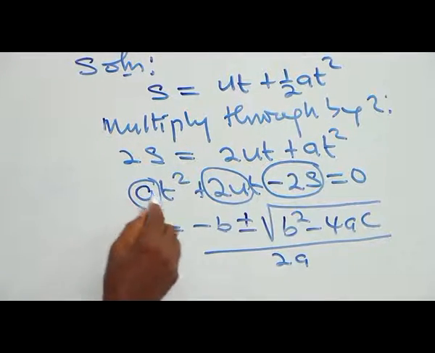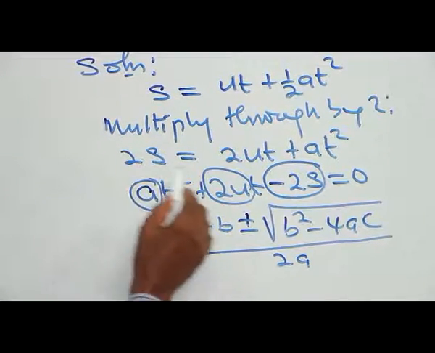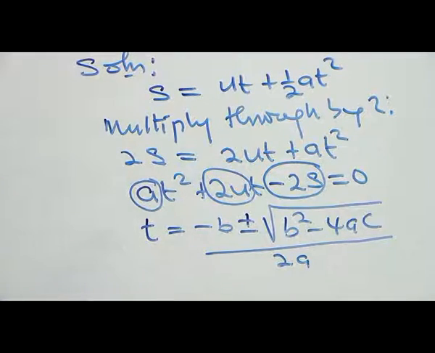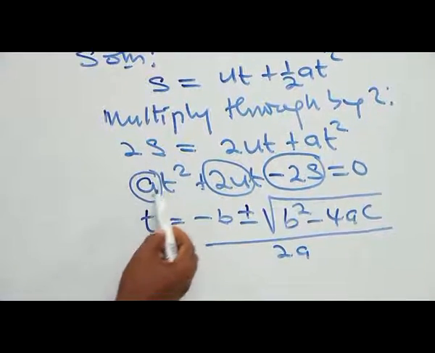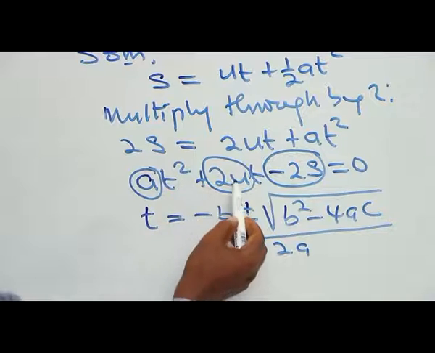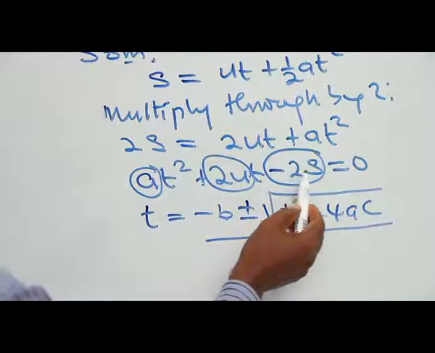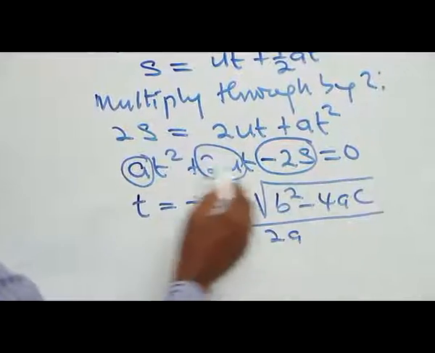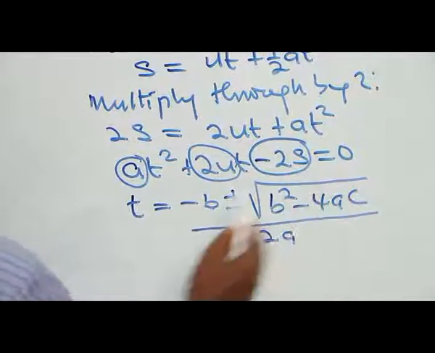Now, you will recognize that this can be written in the standard form because this is a quadratic equation. So we start with at squared plus 2ut minus 2s equal to 0. We have rearranged this in the standard form of a quadratic equation.